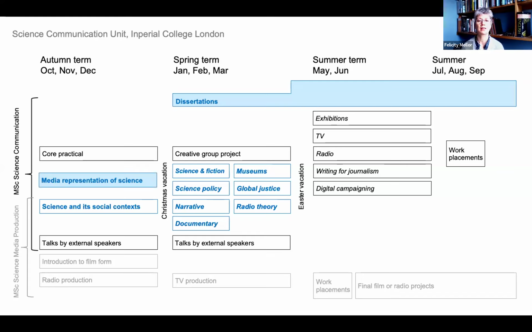So the second assignment I set is essentially a discourse analysis. And again, I do it as a little mini project. I say, find an interesting text about science and conduct a discourse analysis on it. And in the classes, I'll have talked a bit about, well, we have a session all about semiotics, and a bit about rhetoric.